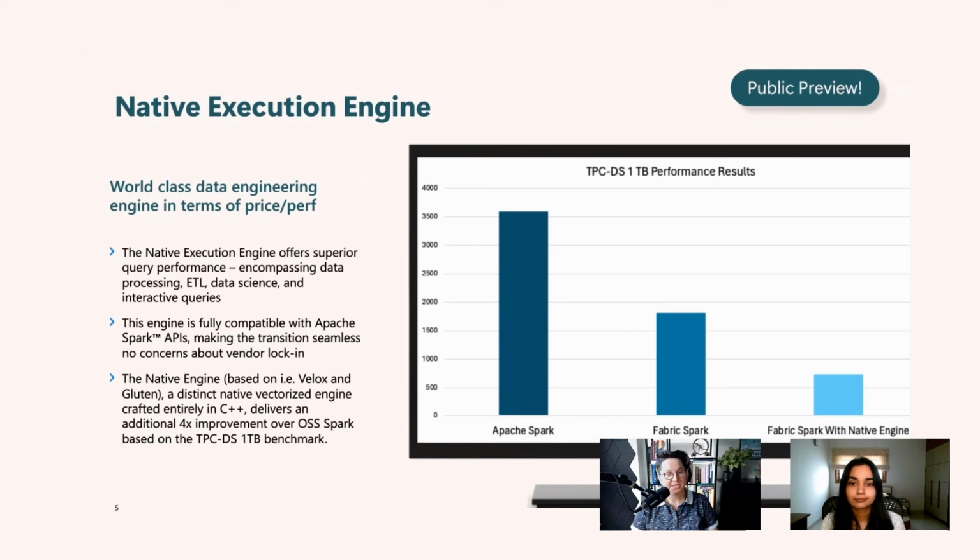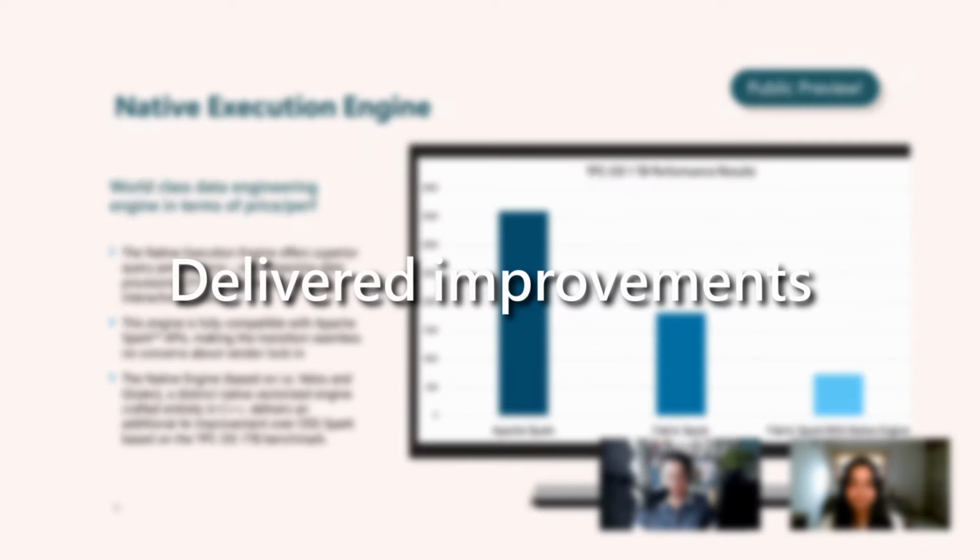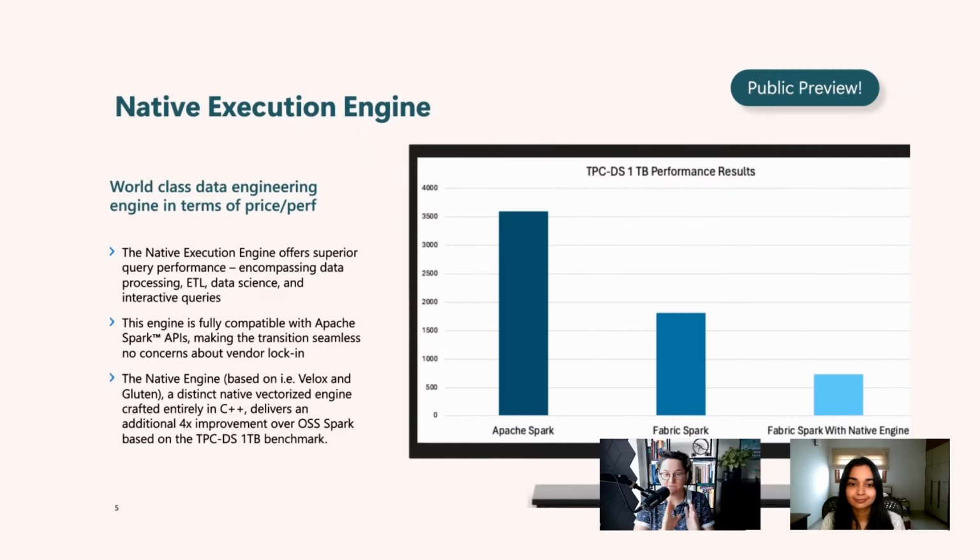And now, Ankita, you are part of this team, can you comment on what, as a team, you are bringing to Apache Spark to deliver improvements comparing open source and just Fabric Spark? We are not talking yet about Native Execution Engine. We are just talking about the milestones that we delivered between OSS Spark and Fabric Spark. Yeah, so we've had a dedicated query optimization team who've delivered on multiple improvements.